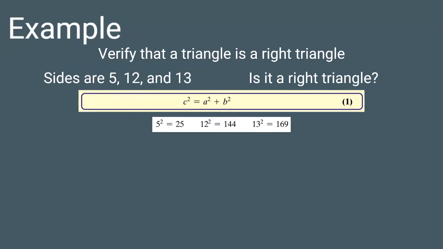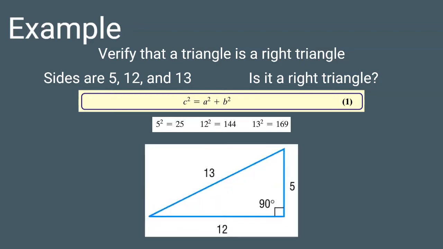We can see that if you add 25 plus 144, it is in fact going to equal 169. Since a squared plus b squared does equal c squared, we can confidently say that the triangle is a right triangle. In this example, the hypotenuse is 13, because by definition, the hypotenuse is the length of the longest side.